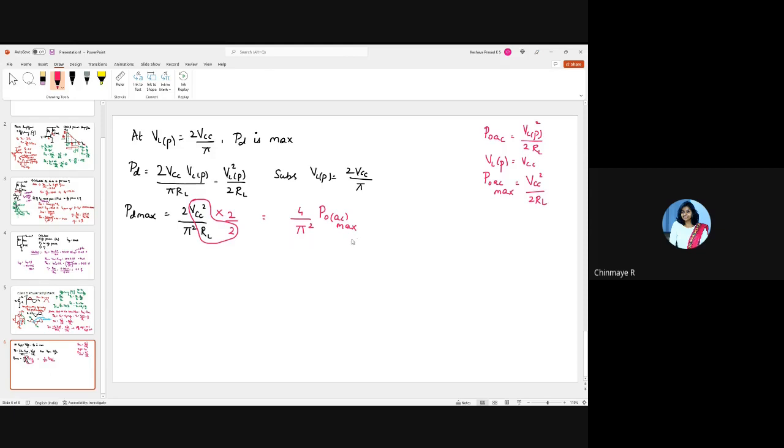We have two transistors, no? NPN and PNP. So therefore, PD max for each transistor, the power dissipated by each transistor will now be 2 by pi square P naught of AC max, at VL of P equal to 2 VCC by pi.